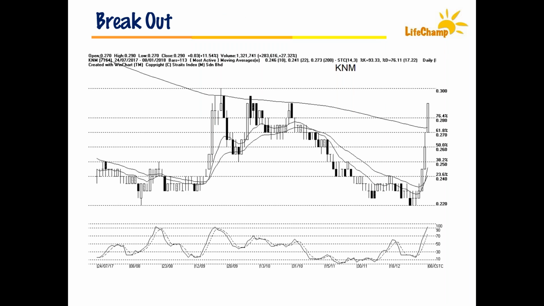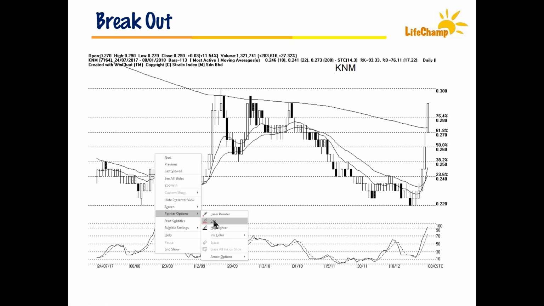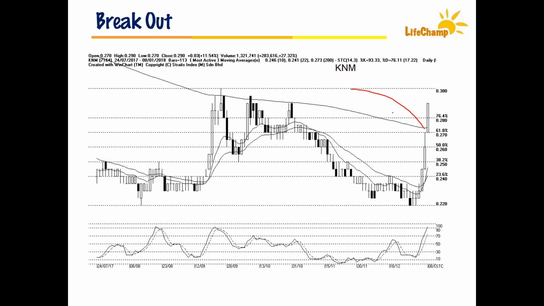Let's say, for example, this is a classic breakout, which you can see over here. The price breaks out from a 200-day moving average. Usually this signifies a buy signal from a long-term point of view.